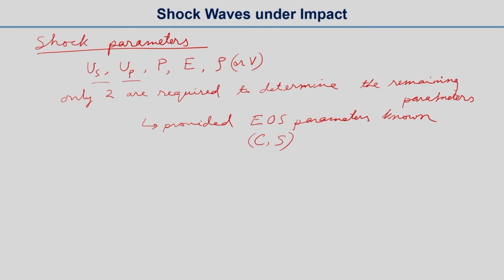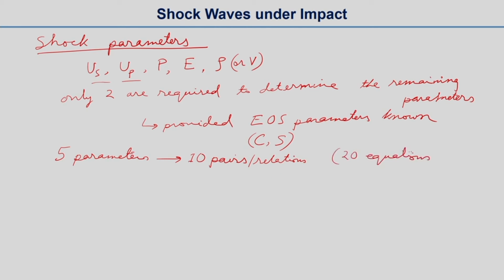So, we have 5 parameters. From 5 parameters we can have 10 pairs, or we can say 10 relations, that can be written in both ways, so that can be even 20 equations.